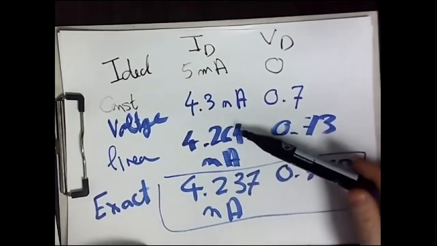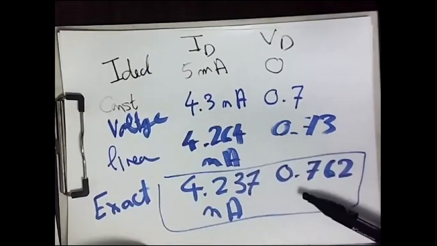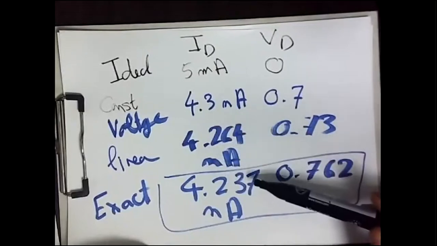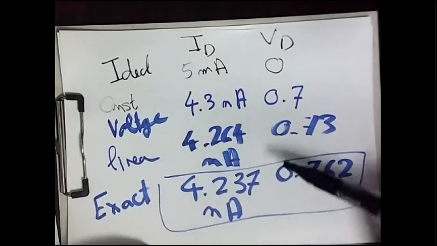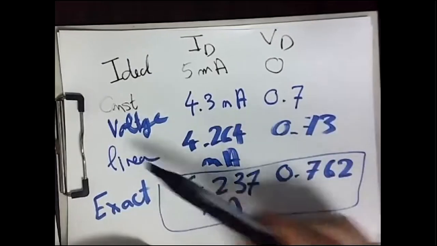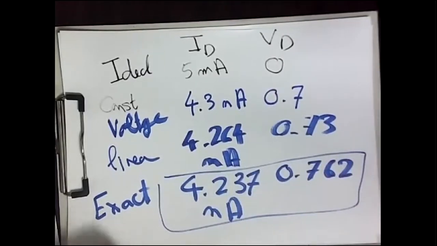By comparing now, you can see that whenever you have a more complex model, you get values nearer to the exact values. The minimum error occurs with the linear model, then the constant voltage, then the ideal one. So the main advantage of these models is to get results close to the exact values.